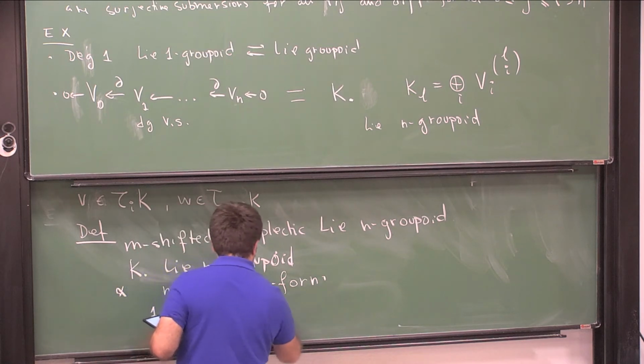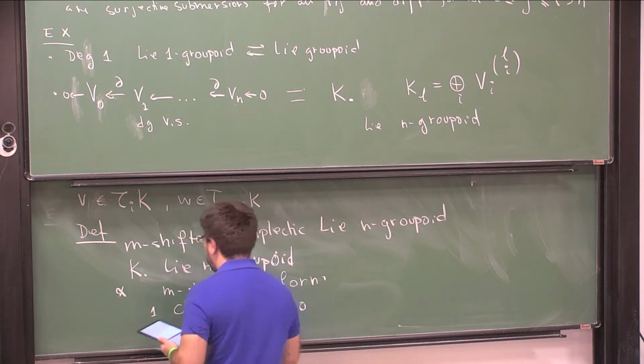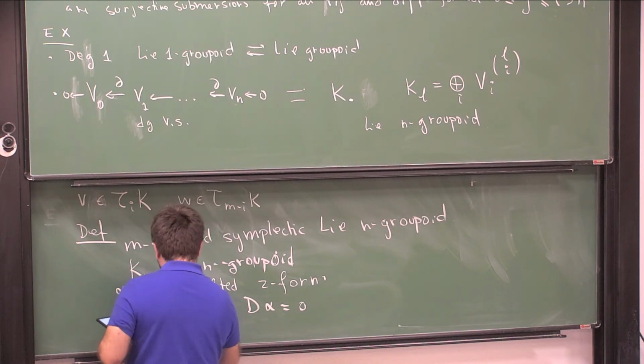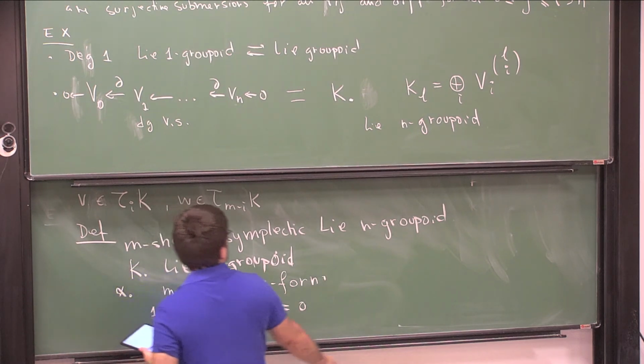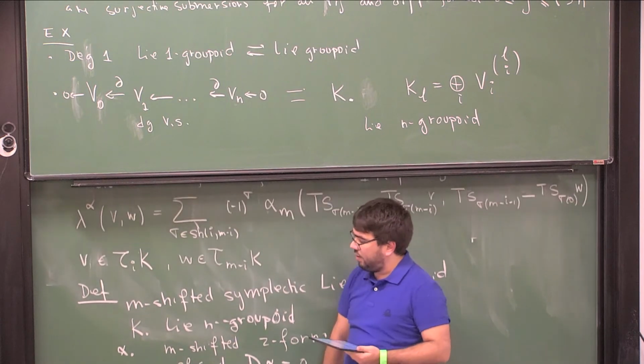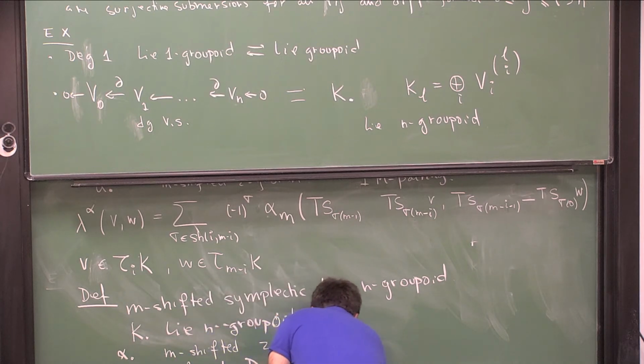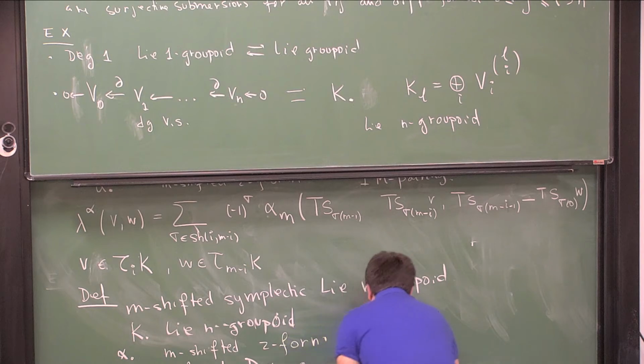That means d alpha equals 0. And second is the IM pairing, this lambda alpha is non-degenerate on the level of the homology groups of the tangent.